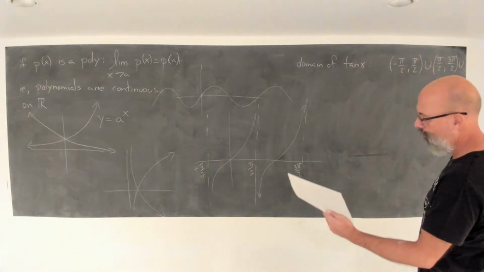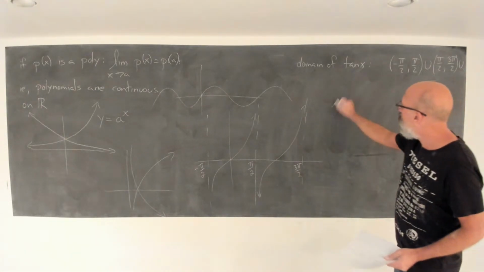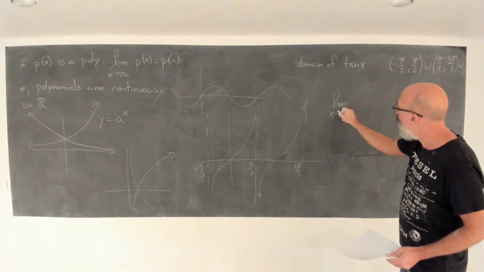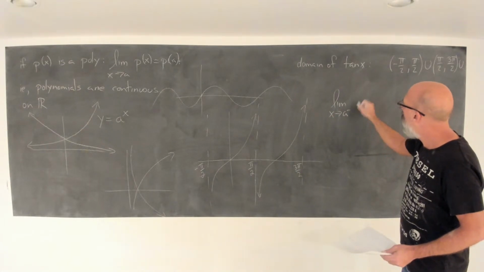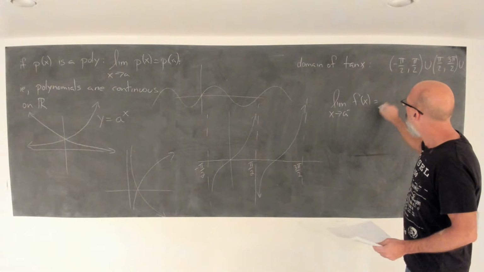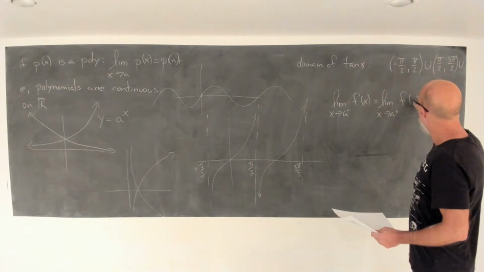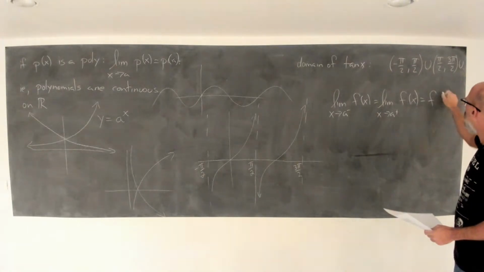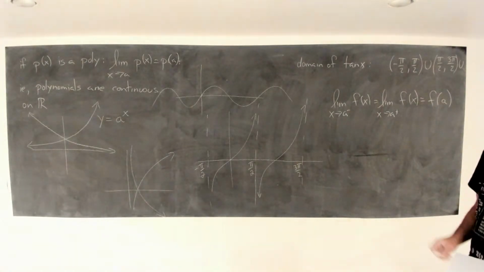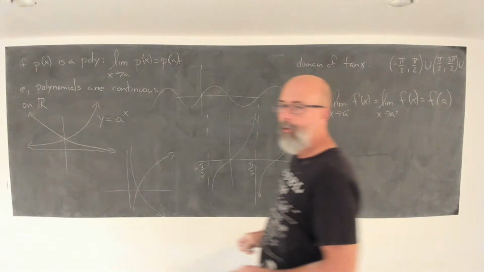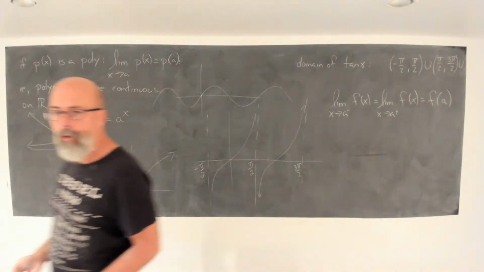Let's rewrite the definition of continuity and understand what can go wrong. Right? What can go wrong here?